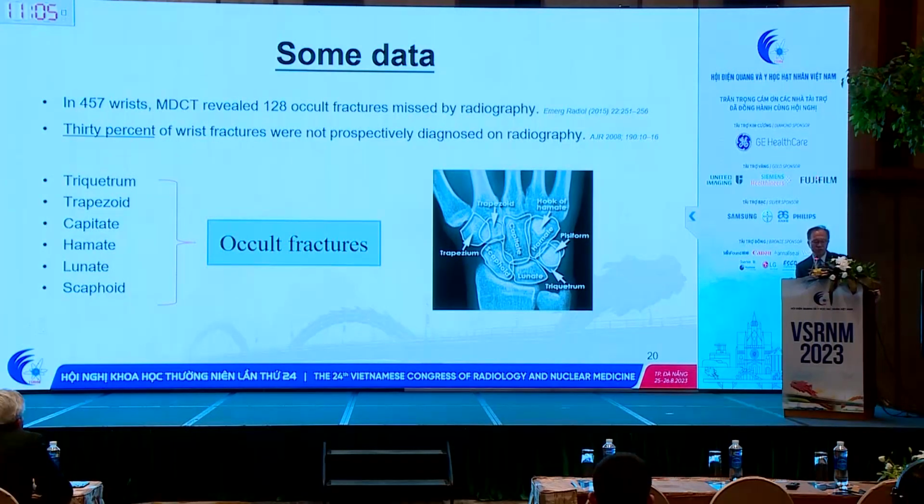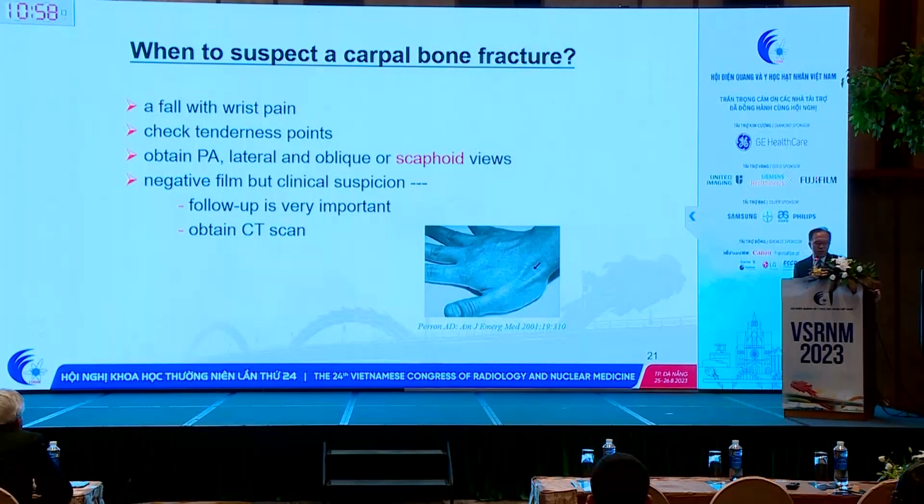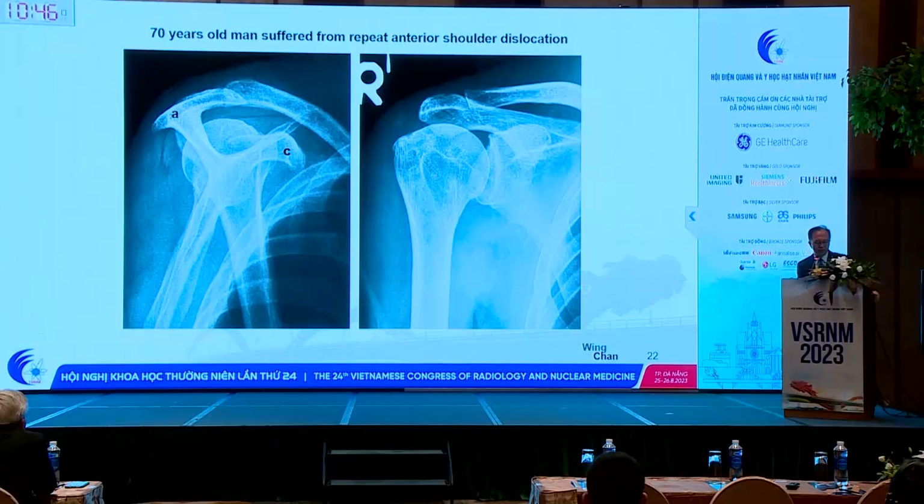We need more films, more projections to identify the subtle fracture. So especially the clinical exam is very important. As I mentioned, if you don't know, then follow up. Follow-up is very important within 2 weeks. And if you like, you can obtain a CT scan, but don't overdiagnose.